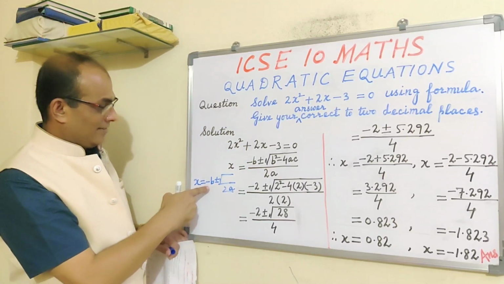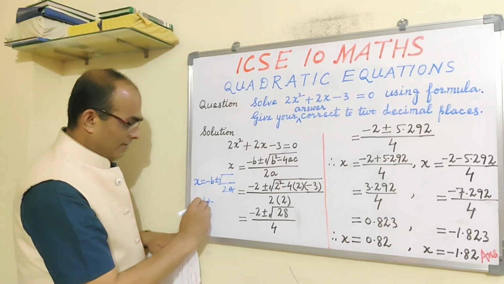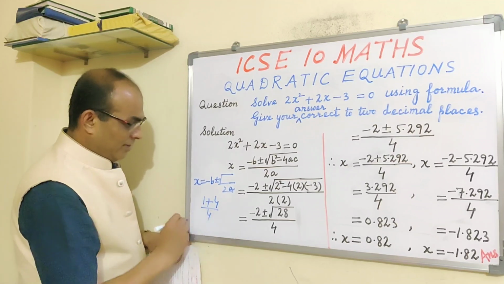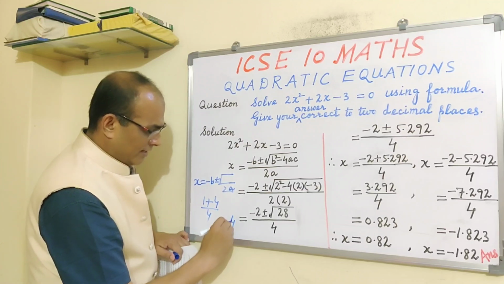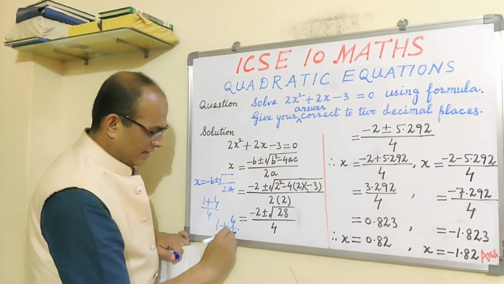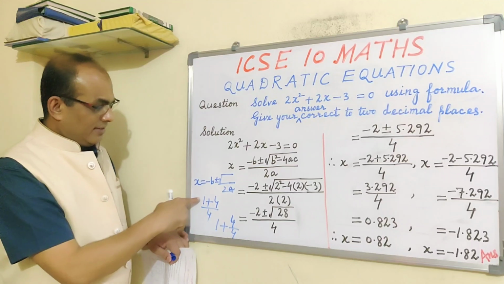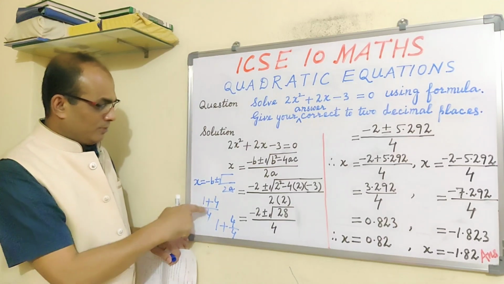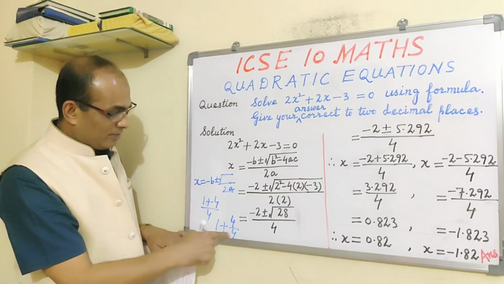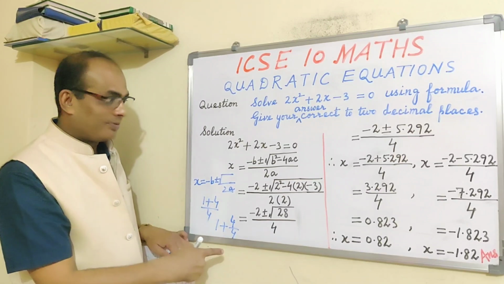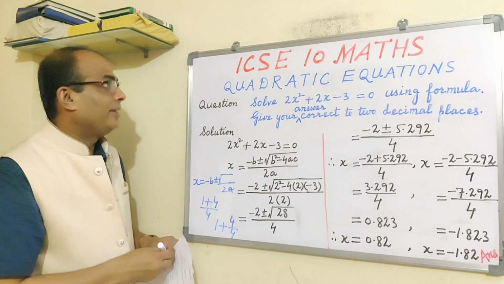Because 1 plus 4 upon 4 is different, and 1 plus 4 upon 4 is different. 1 plus 4 upon 4 is 5 upon 4, and 1 plus 4 upon 4 is 1 plus 1, which is 2. So they are not same. So please keep that in your mind.